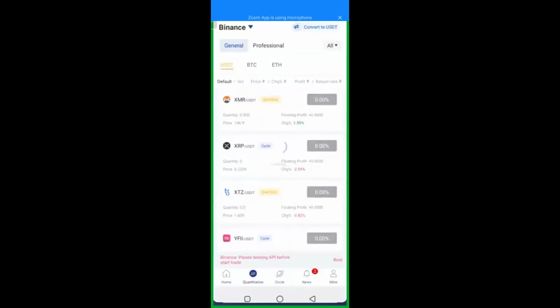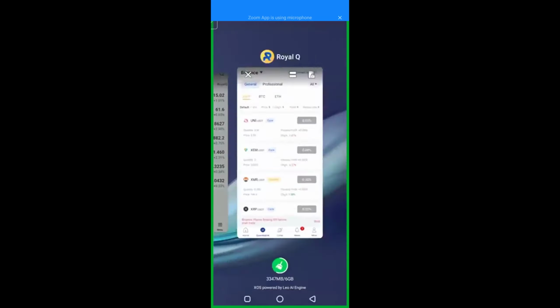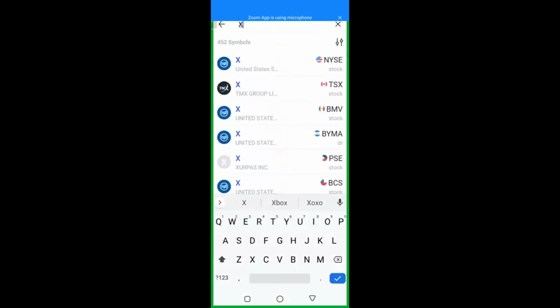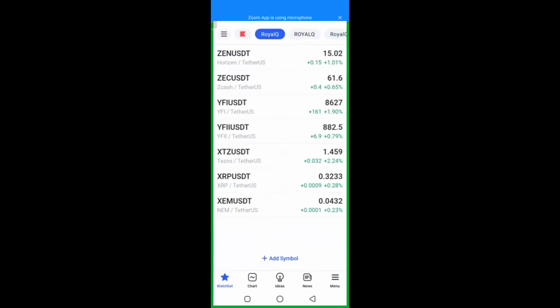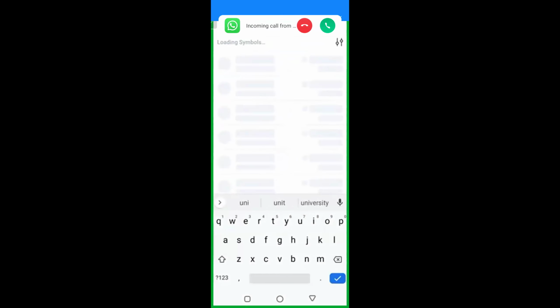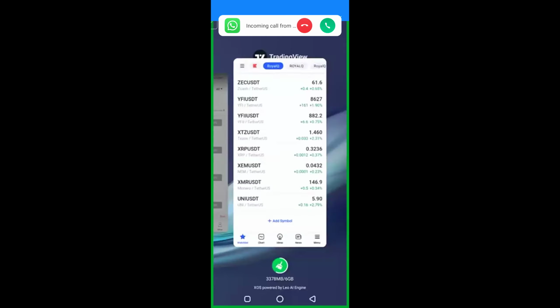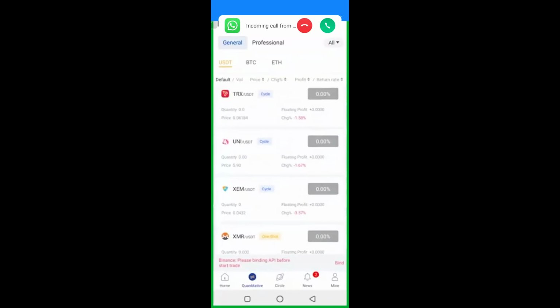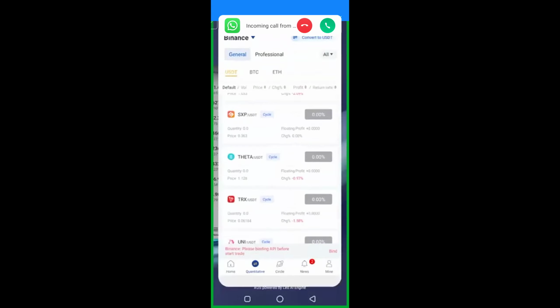All right. So we have UNI and XMR. We write XMR USDT. That's the name of the coin. Then we have UNI USDT. All right, we are moving at a very amazing pace. Then we have TRX and THETA.